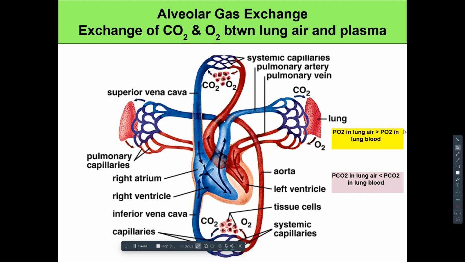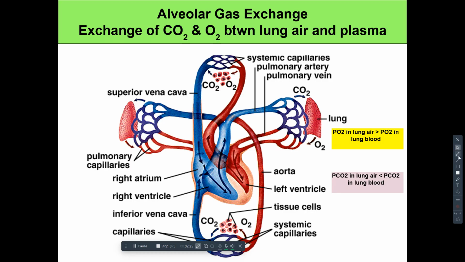Then we've got alveolar gas exchange, and that is the exchange of gases, particularly CO2, carbon dioxide, and oxygen, between lung air and plasma. In order for oxygen and CO2 to move, there has to be a pressure gradient for those gases.